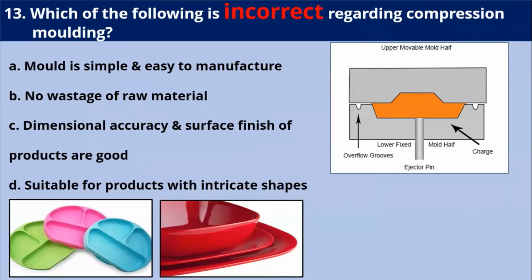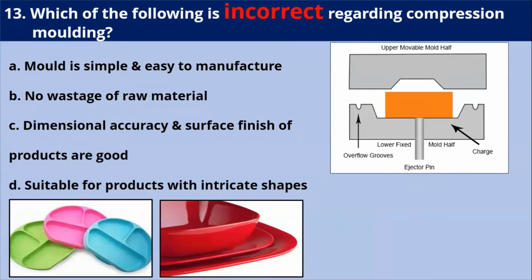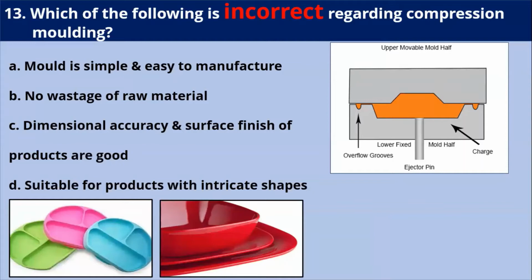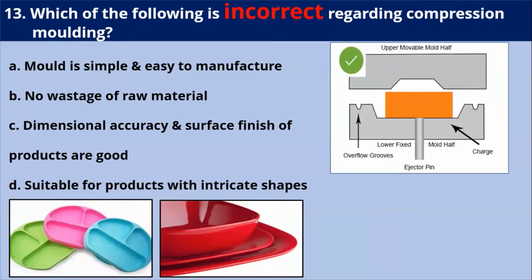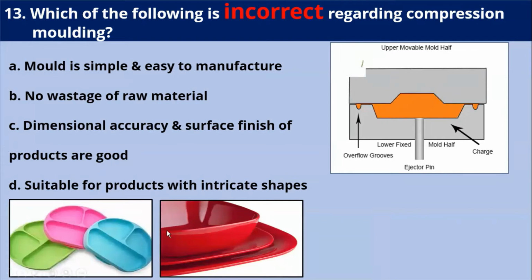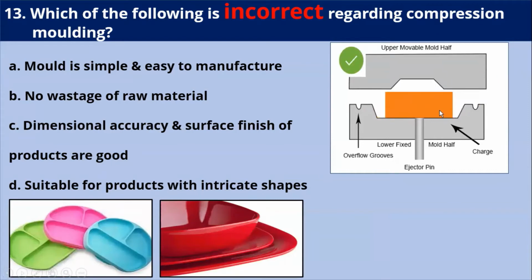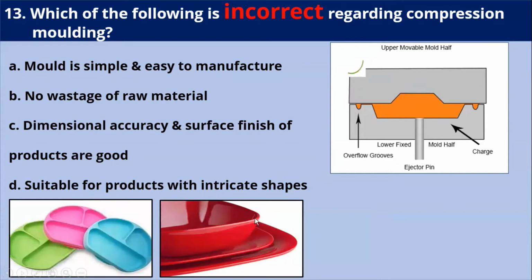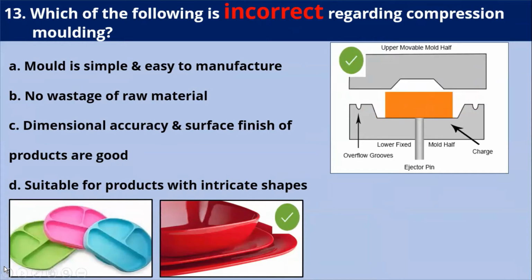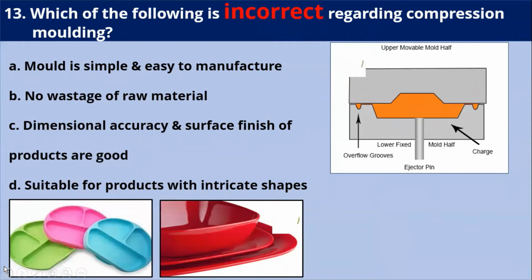Next question. Which of the following is incorrect regarding compression molding? It is very simple and easy to manufacture the shapes. Even there will be no wastage in compression molding. And the dimensional accuracy, which we are seeing from this diagram, we are getting highly good surfaces as well as we can achieve the accuracy.